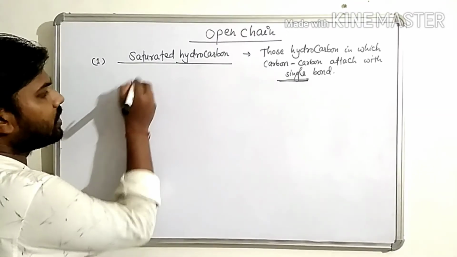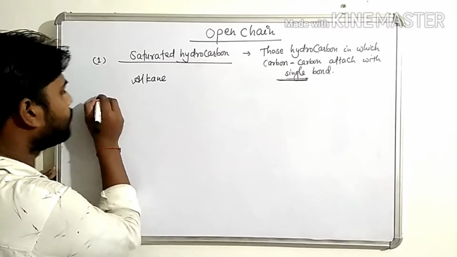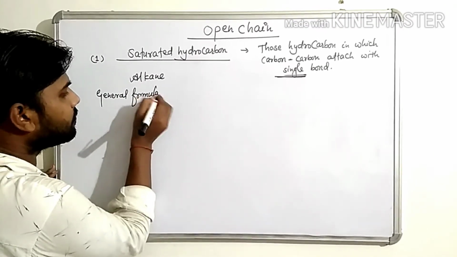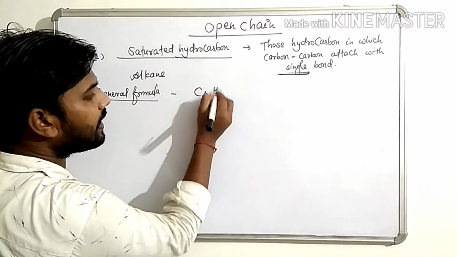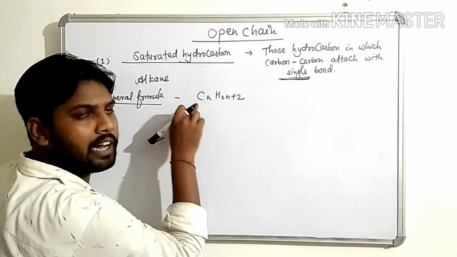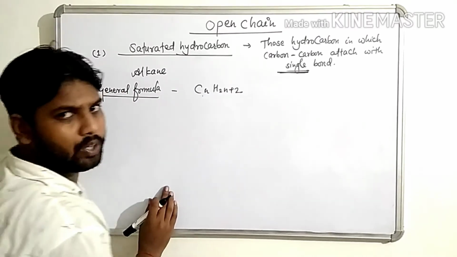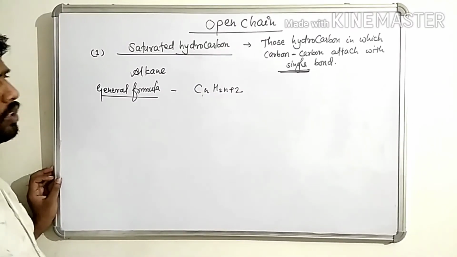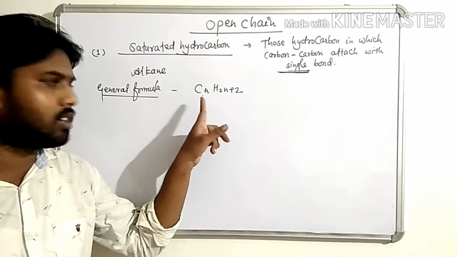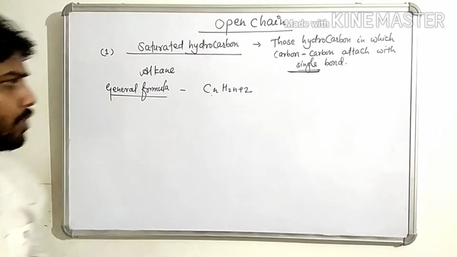It is also called alkane, whose general formula is CnH2n+2. Here n represents the number of carbon and 2n+2 represents the number of hydrogen. Clear children? Now we will see how we can make the formula of these compounds along with their names.